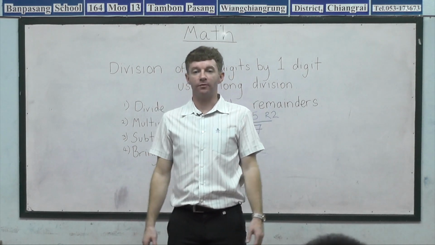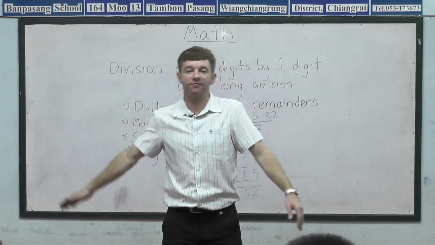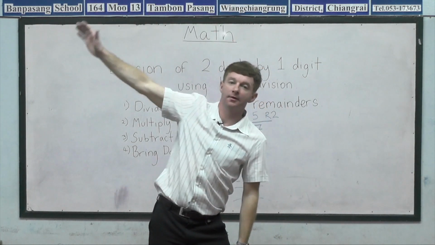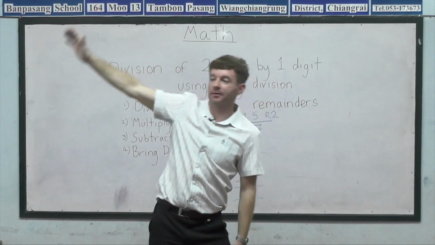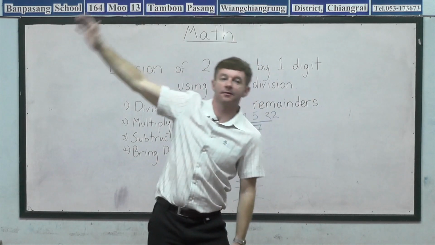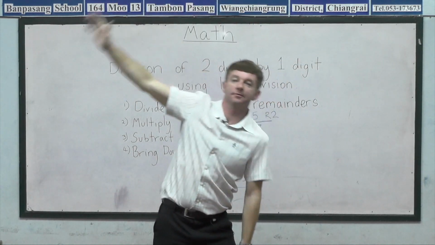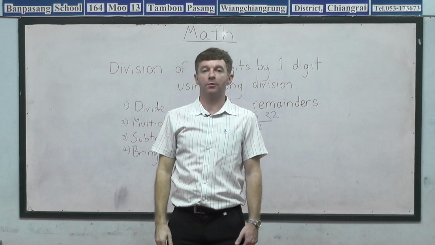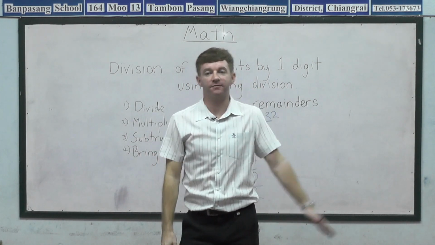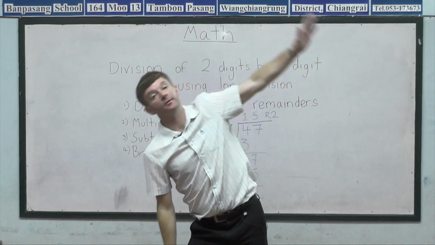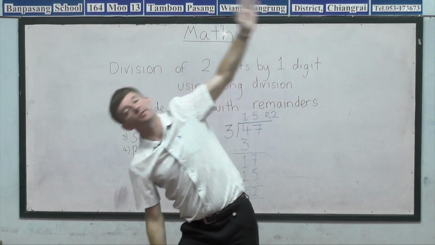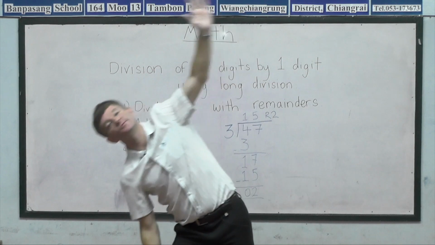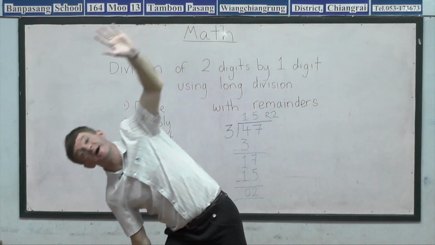And now we'll do 5 stretches to our left. 1, 2, 3, 4, 5. And then back to the middle, and now we'll do 5 stretches to our right. 1, 2, 3, 4, 5.